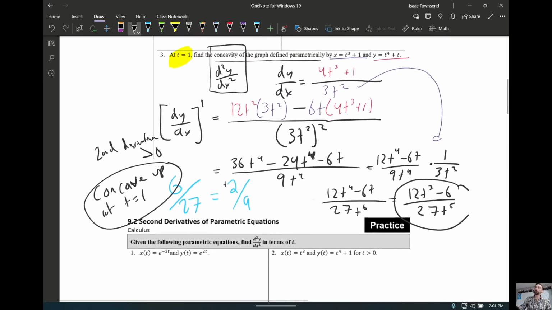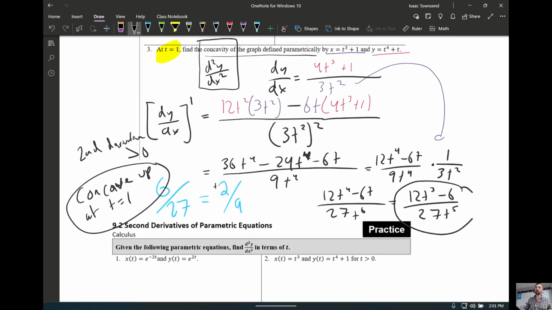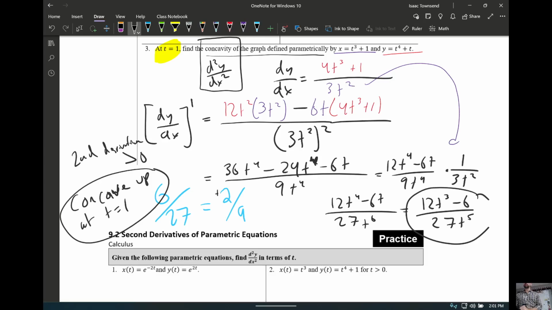But if you wanted to know everywhere it was concave up or everywhere it was concave down, we would have to figure out where this equals 0 and then test for concavity around those possible inflection points. But this is how it kind of pulls this together. Second derivative still means concavity, so it's one application of the second derivative.